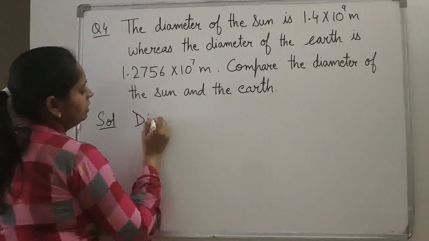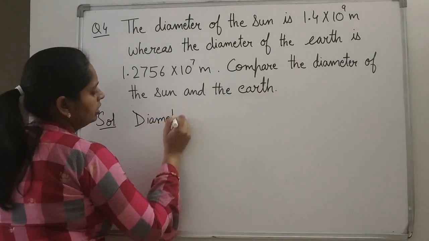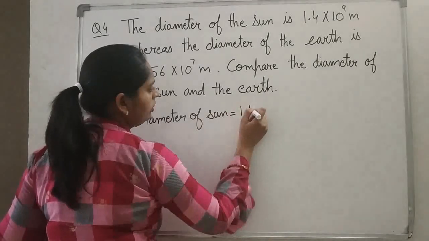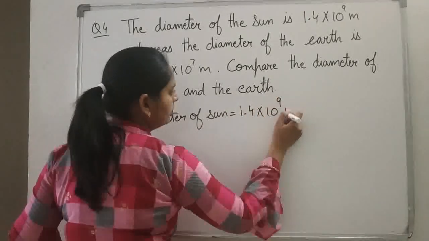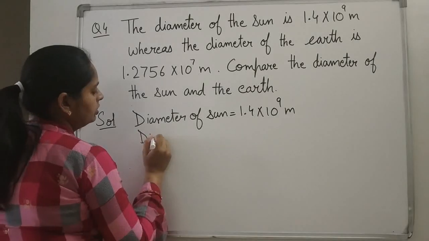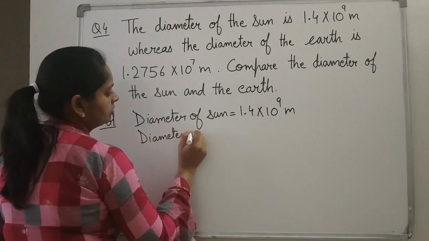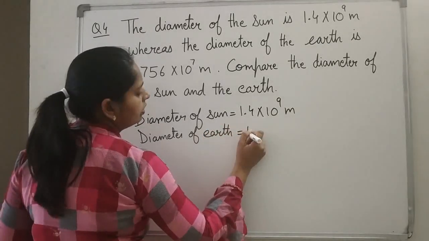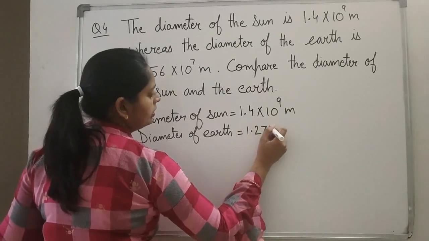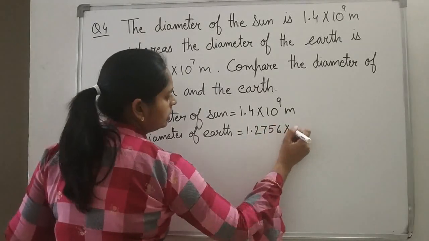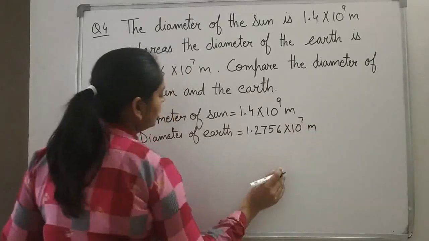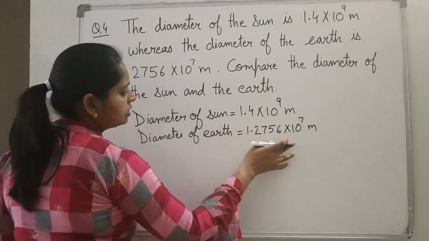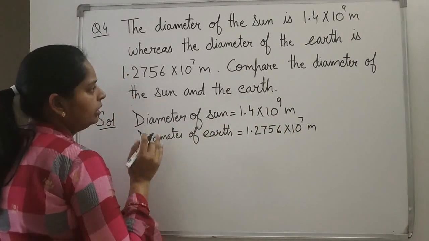See how you do it. The diameter of the sun is given, 1.4 into 10 to the power 9 meter, and the diameter of the earth is given, 1.2756 into 10 to the power 7 meter. You can see both the diameters are there and the unit is also meter. So we will do the comparison by doing the division.